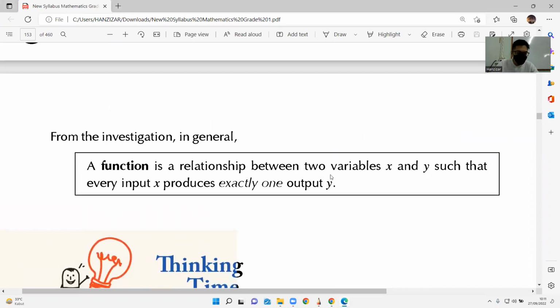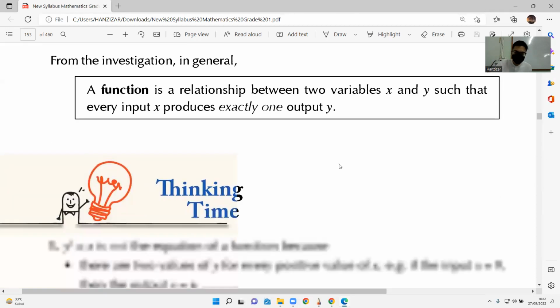Read the sentence in the square. Okay, thank you, Michael. A function is a relationship between two variables x and y, such that every input x produces exactly one output y.